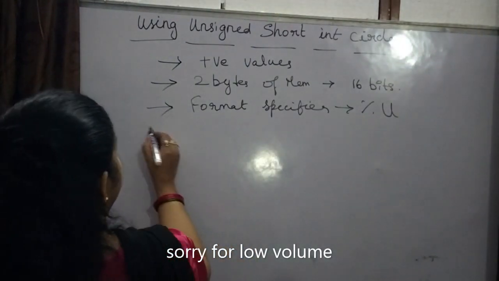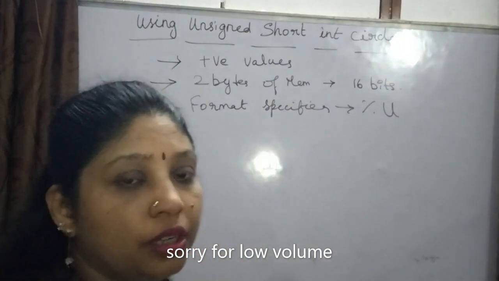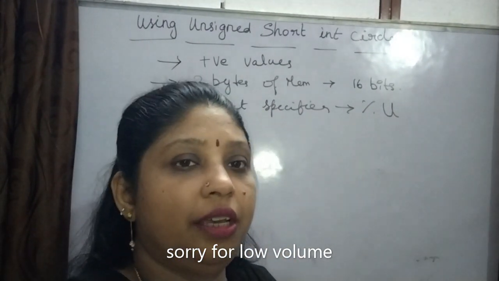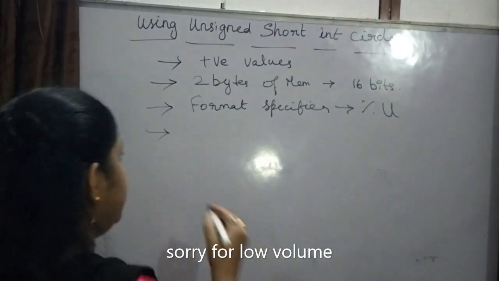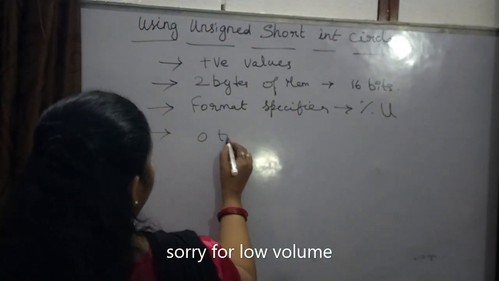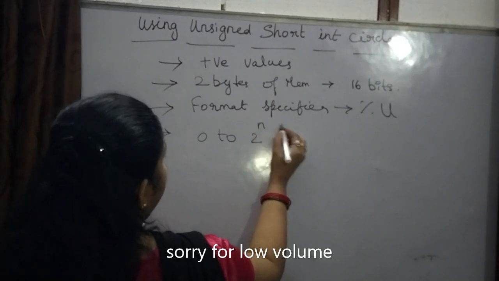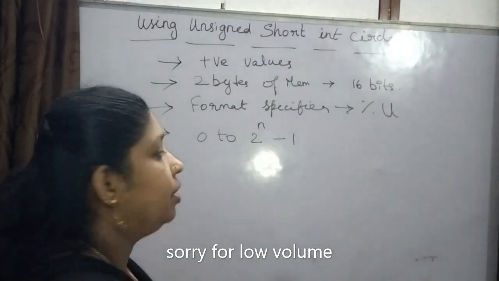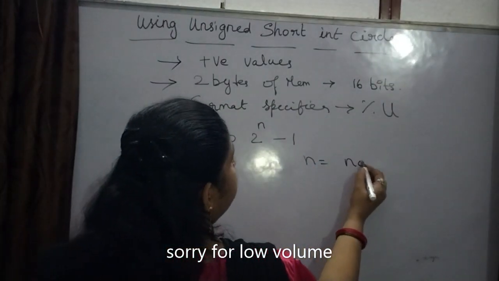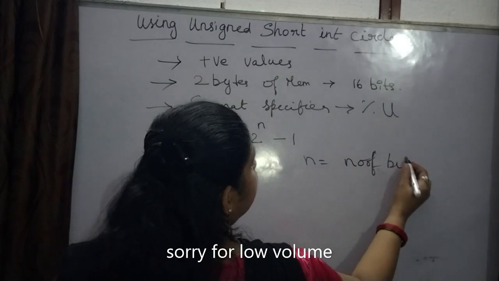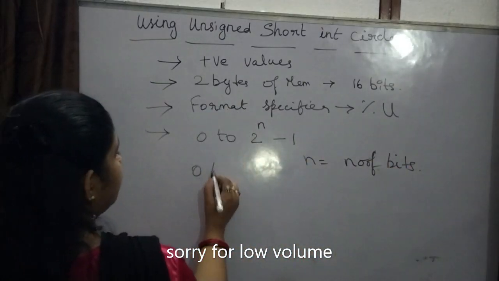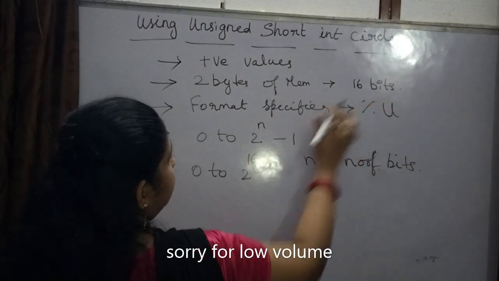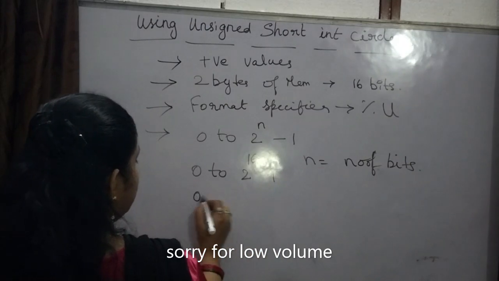And the range of values. The range of values given for the unsigned short int data type is from 0 to 2 to the power of n minus 1, where n is the number of bits. So it comes to 0 to 2 to the power of 16 minus 1.